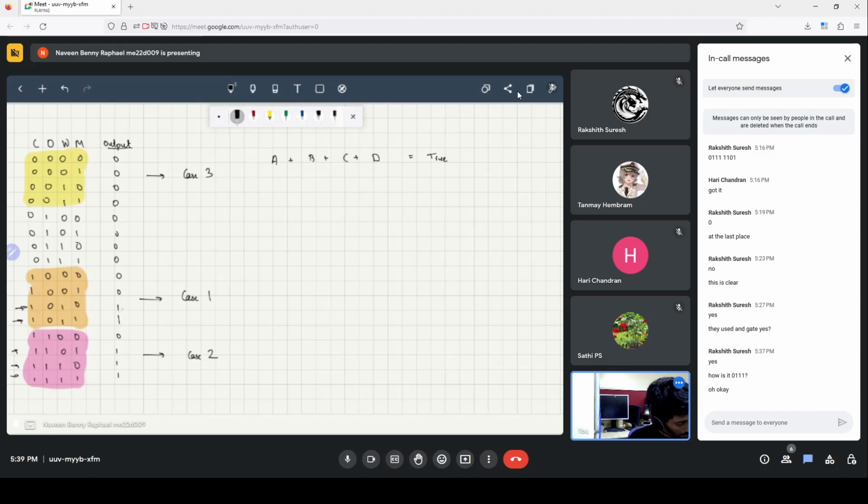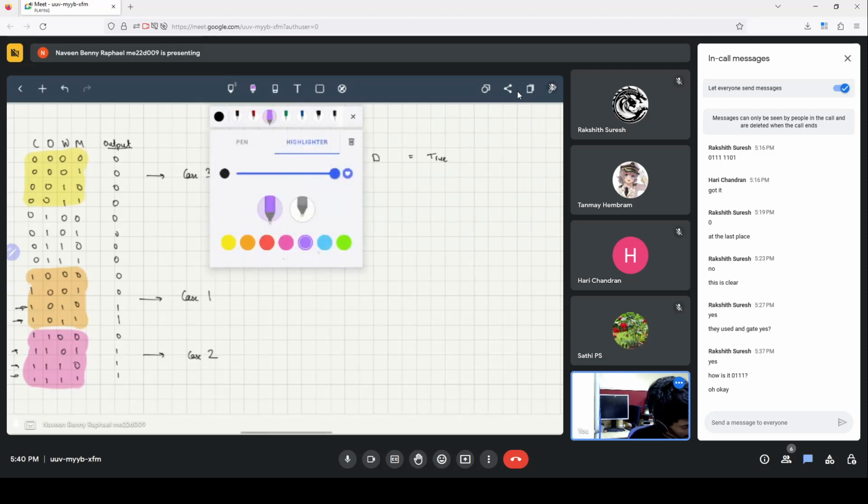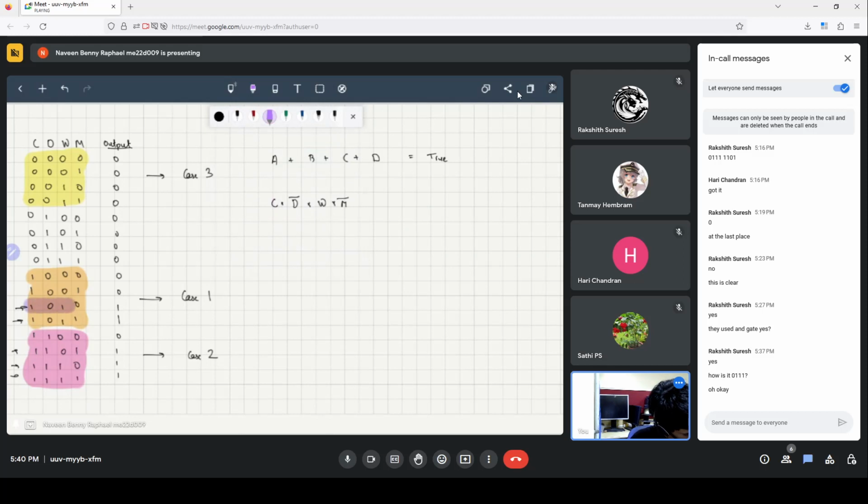To make this true, we need C to be true, D to be false, W to be true, and M to be false. To make this evaluate to 1, we must do C multiplied by D negation multiplied by W multiplied by M negation. So this term is 1 0 1 0.